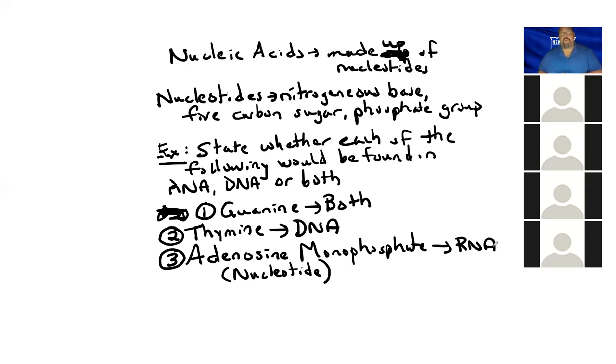When you don't have the prefix deoxy in front of the nucleoside name, then it refers to something in RNA. So if you had deoxyadenosine monophosphate, the answer would be DNA. But since here you only have adenosine monophosphate, that refers to RNA. Not both, not DNA, RNA here for number 3.